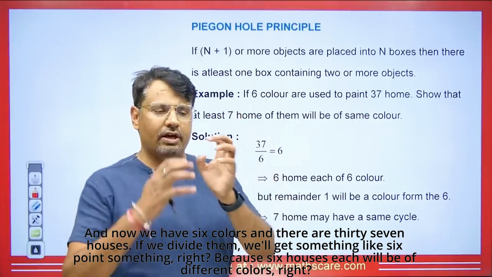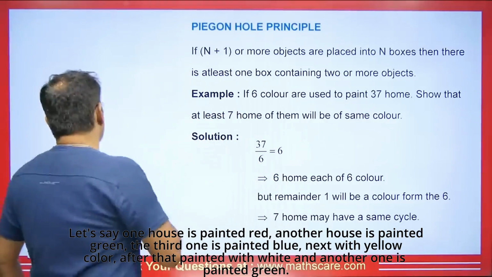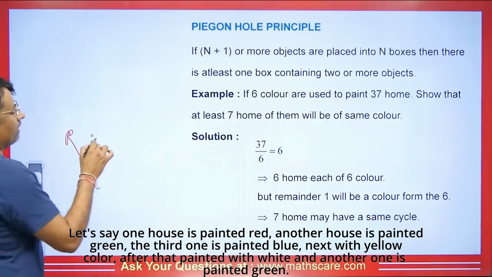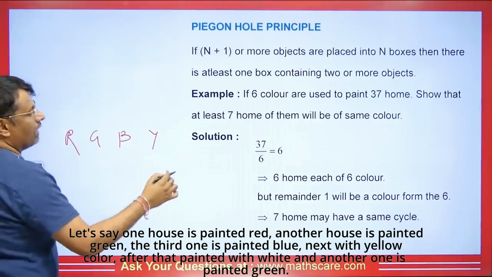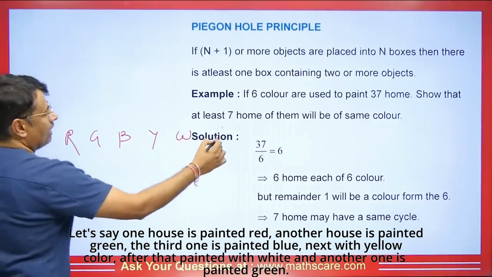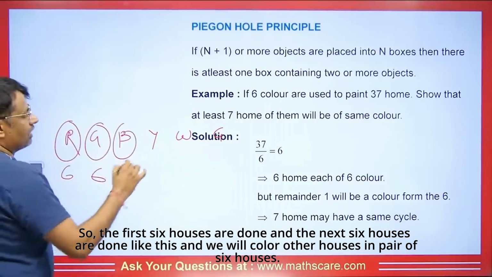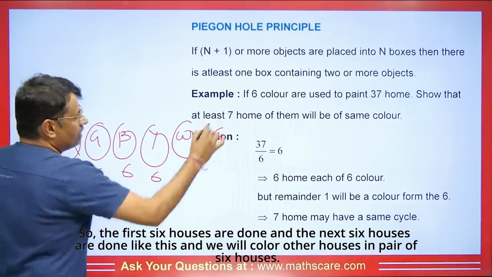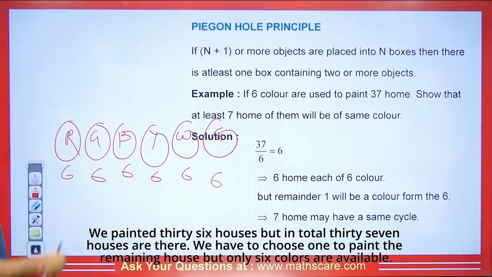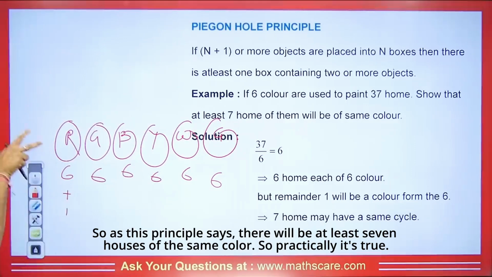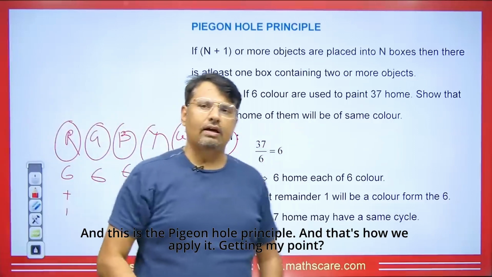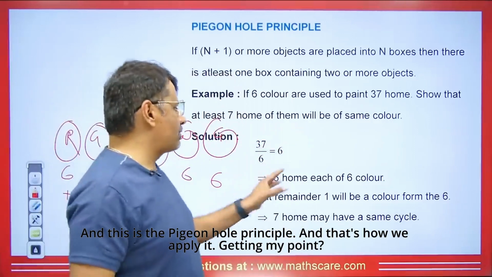Six houses will each be of different colors: one house is painted red, another green, the third blue, the next yellow, then white, and another one green. So the first 6 houses are done, and we color the other houses in groups of 6. We painted 36 houses, but in total 37 houses are there. We have to choose a color to paint the remaining house, but only 6 colors are available. So as this principle says, there will be at least 7 houses of the same color. Practically it's true, and that's how we apply it.